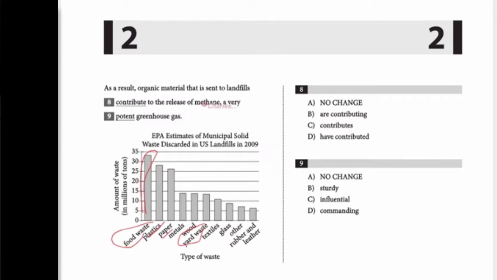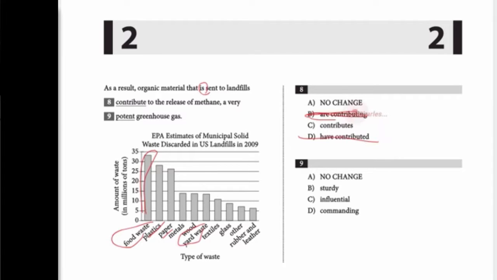Okay, as a result, organic material that is sent to landfills contribute to the release of methane, a very potent greenhouse gas. So "are contributing," "have," okay, it's present tense, "is sent," so it's not "have contributed," past tense, that goes along with it. And "are contributing" is the present progressive, so it's a continuing action.